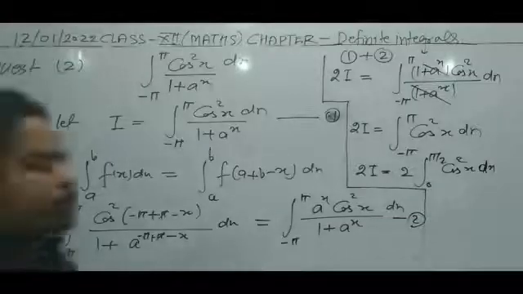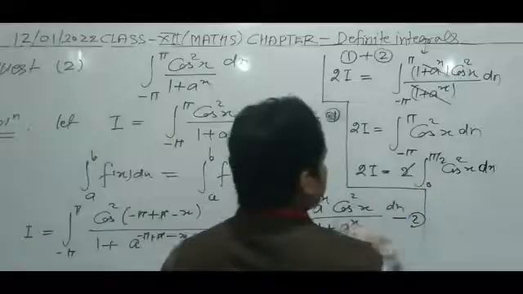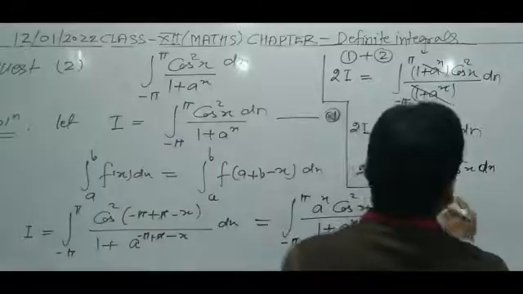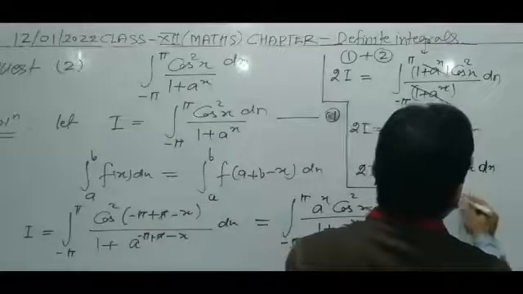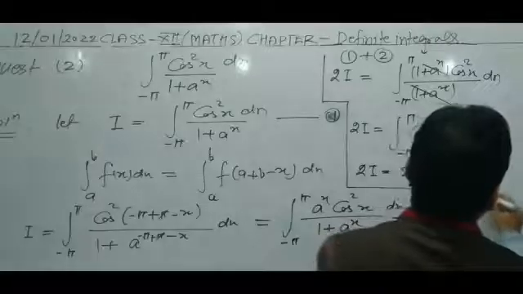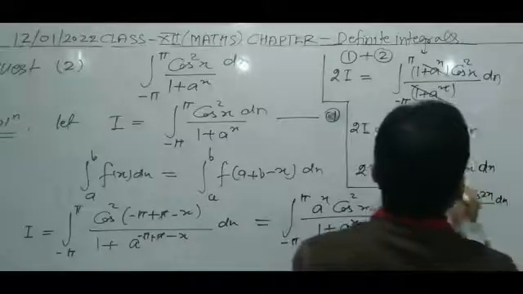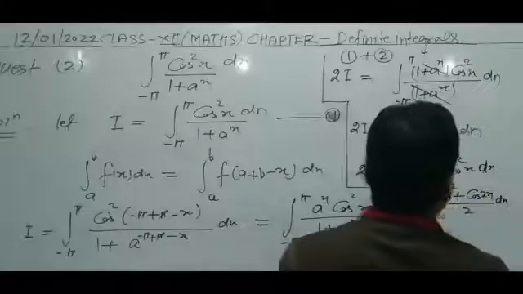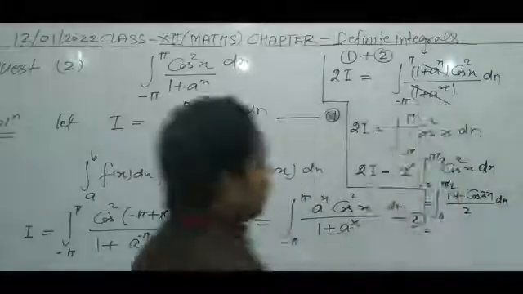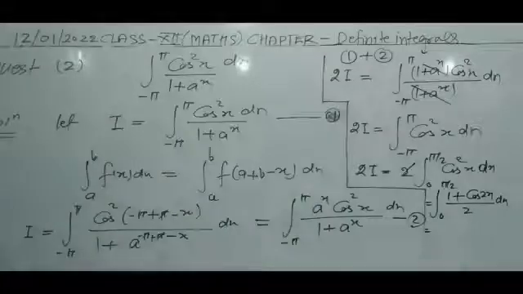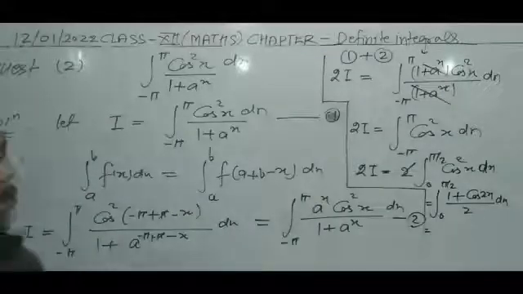What can we write? Cos square x we can write as (1 plus cos 2x) by 2, dx, from 0 to pi by 2. After solving, the result of the 1 dx part is x, and plus sine 2x by 2.